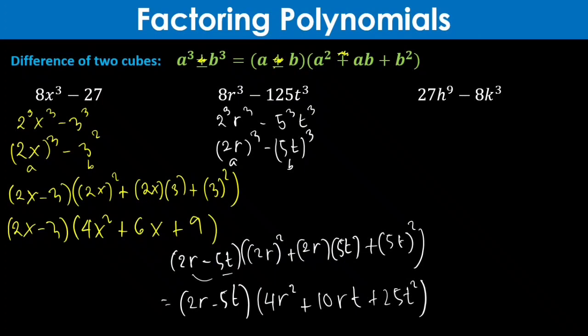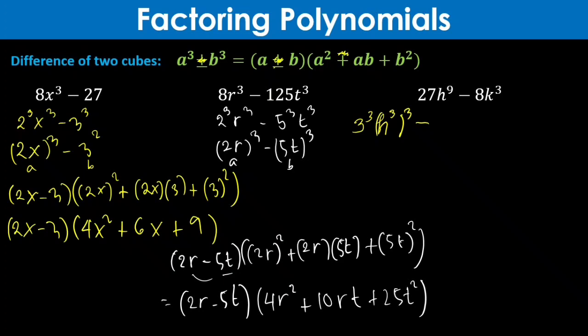Here in problem number 3, do the same. We express this as difference of 2 cubes. 27 is 3 cubed. h to the 9 is h to the 3 to the 3.